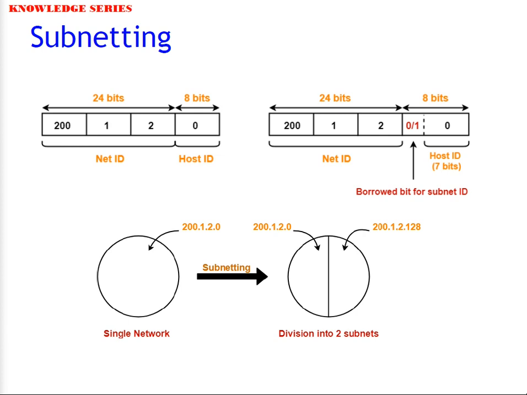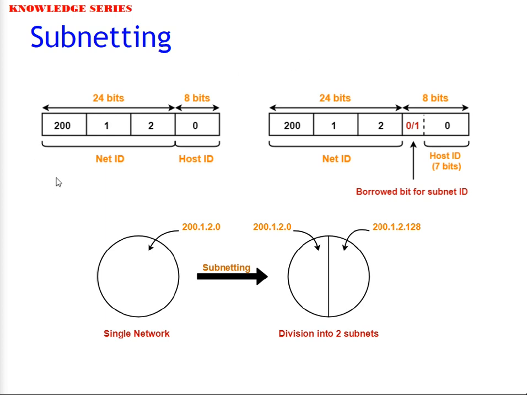To understand this class, very simple: you just remember class A is how much? It is 0 to 127. So that means 128 difference. What is class B? Class B starts from 128 and you have to add 64. So it is 192, so you have to write 191.